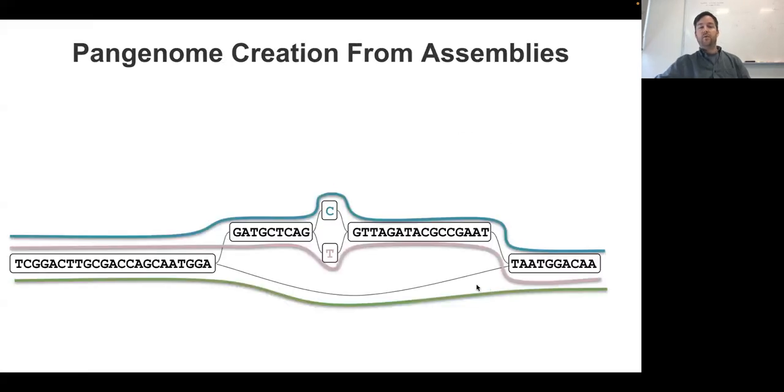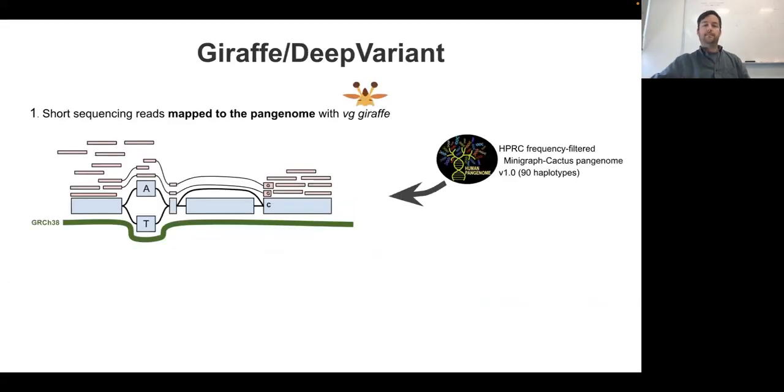And that becomes important because you can imagine a situation where this third assembly is GRCh38. And so maybe you have a common polymorphism that's totally missing from GRCh38. So in order to obviate that problem, or to increase variant calling quality, John Monlong and others in Benedict Paten's group developed a tool called Giraffe, which is a short read mapper to a pangenome.